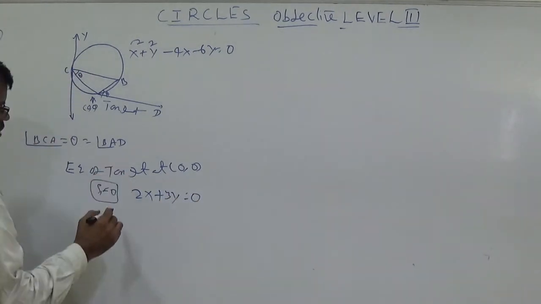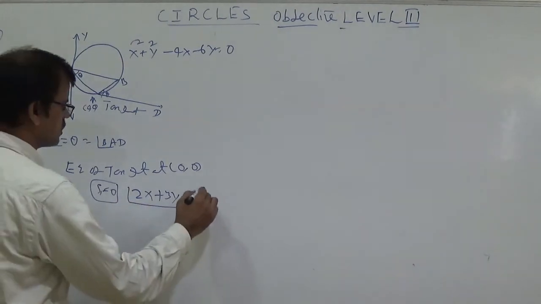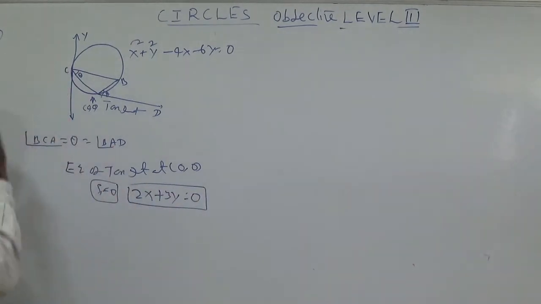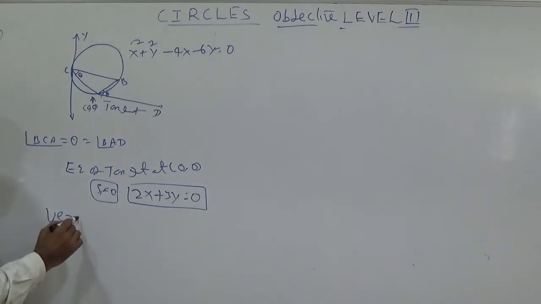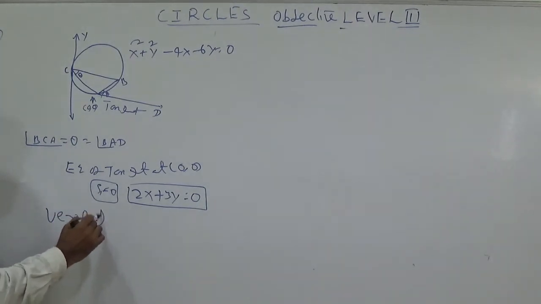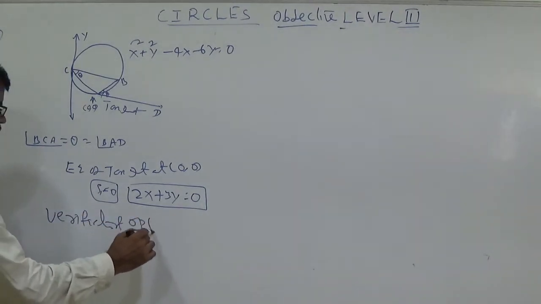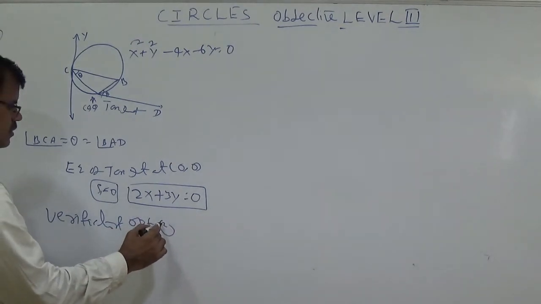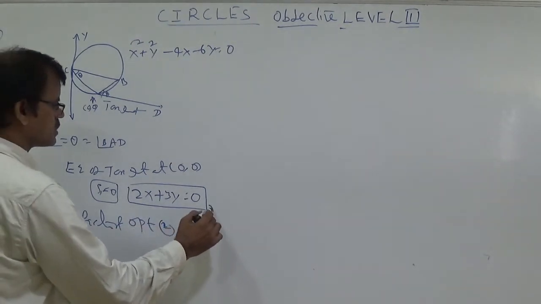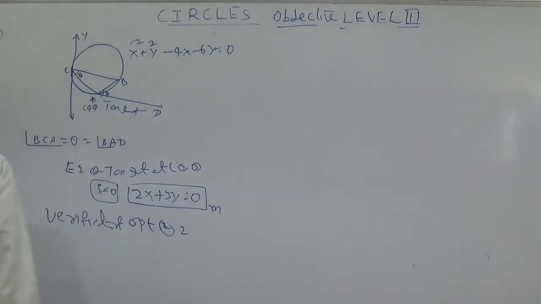This is the tangent. Using this 2x plus 3y equal to 0, by verification of options, we can find the angle. Verification of option 2: here is the slope, option 2, I am writing 2x minus y, x plus 2y equal to 0.